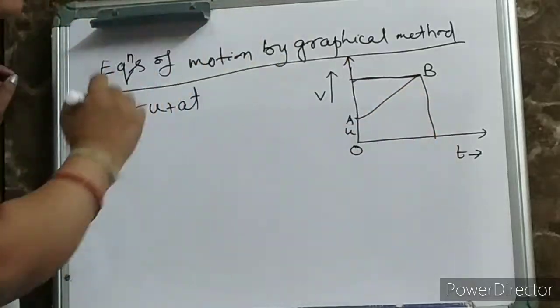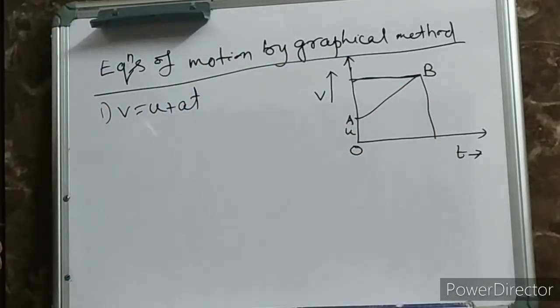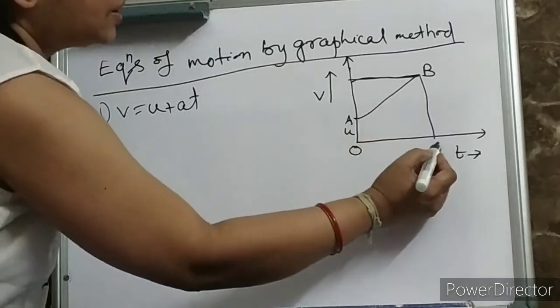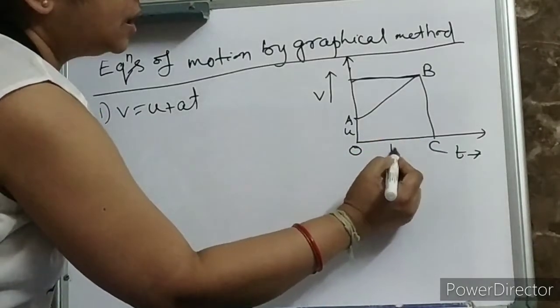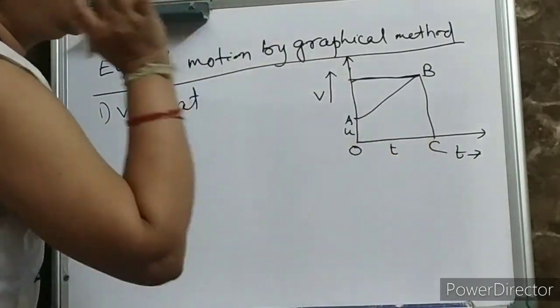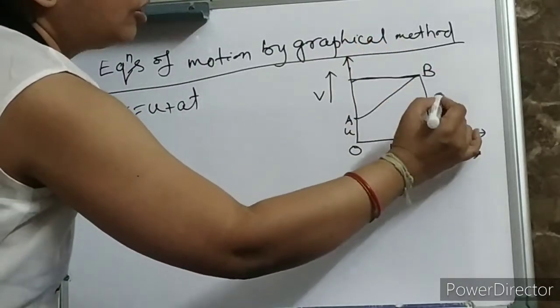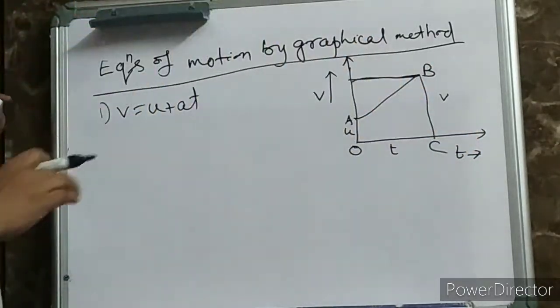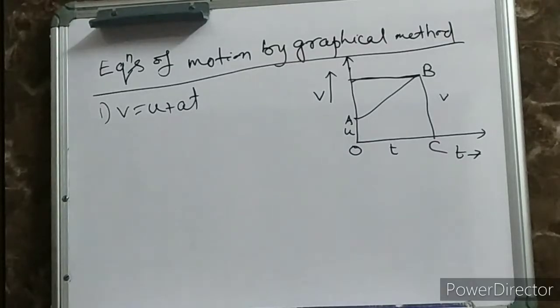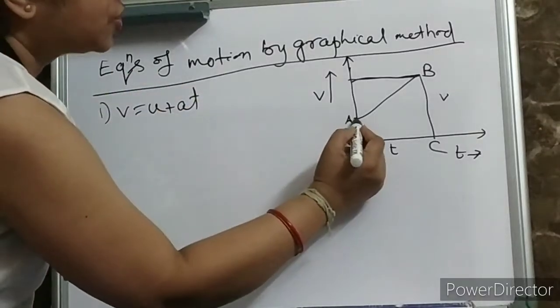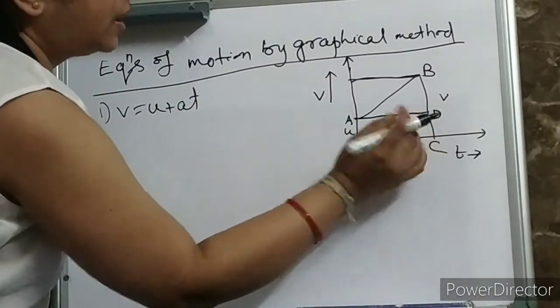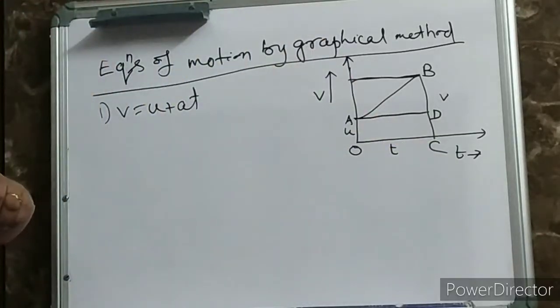From this point draw the perpendicular, and let it be C. So your time T, OC is equal to T. And BC is equal to V, because velocity becomes V, as I have already told, in time T. Now let me draw AD parallel to OC.